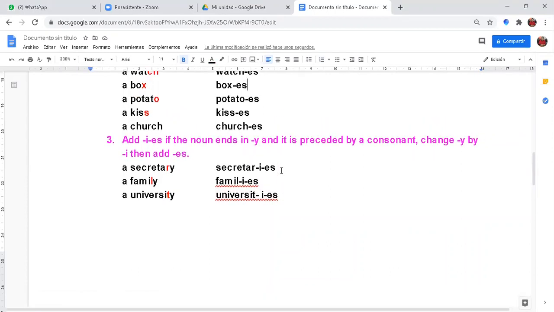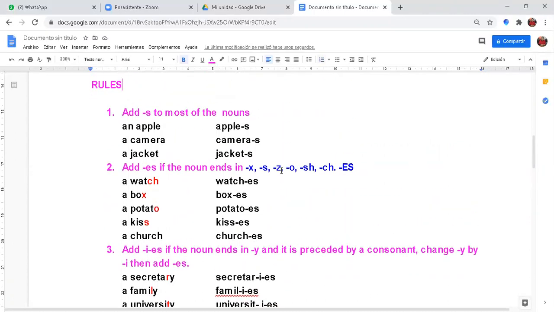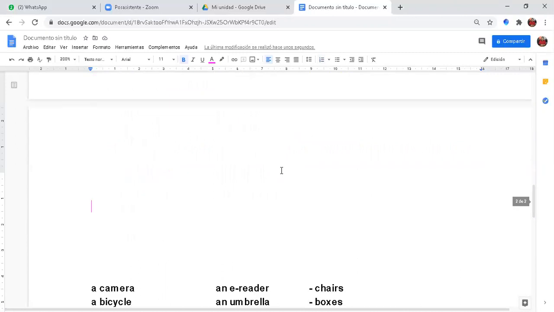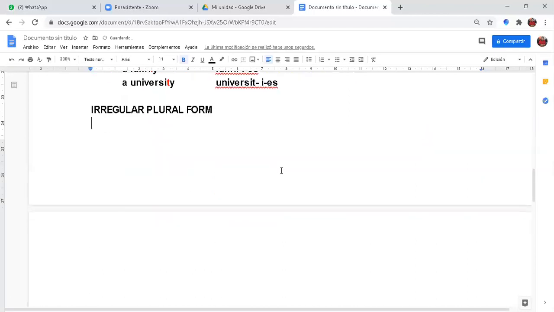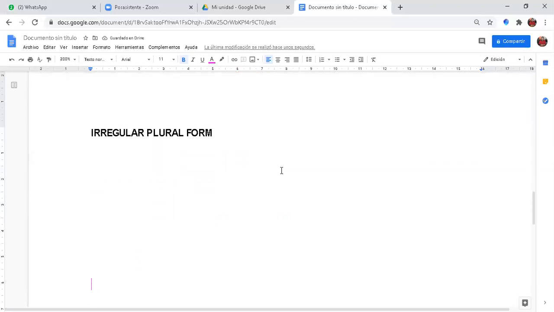We have 3 rules in order to use plural forms: 1, 2, 3. And after this, we have irregular plural forms. When we talk about irregular plural forms, not all of them can use s or es, not all the time.